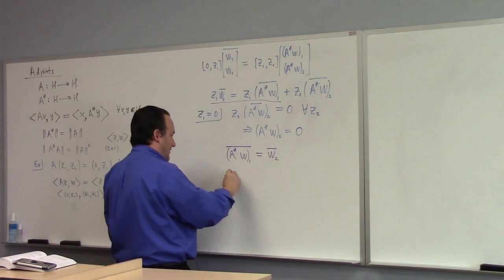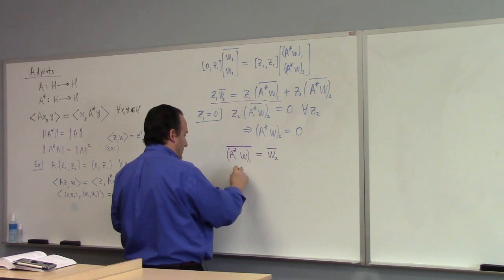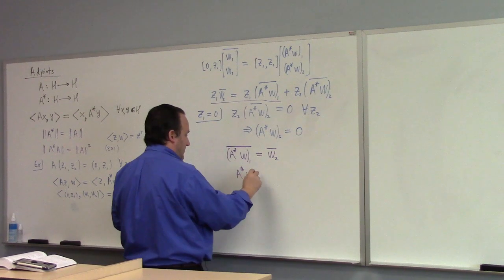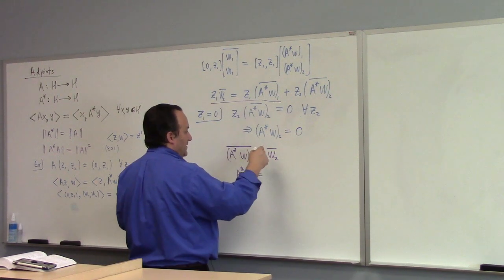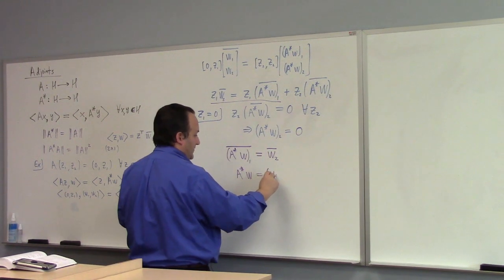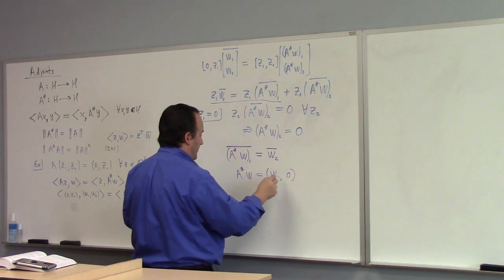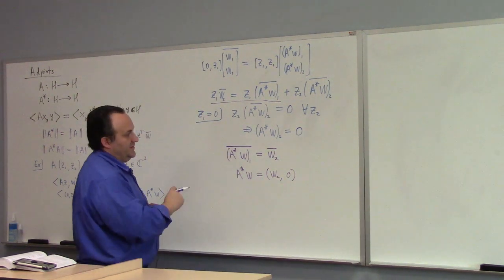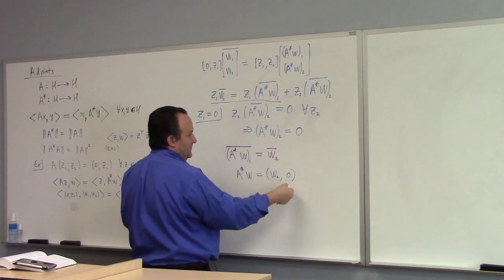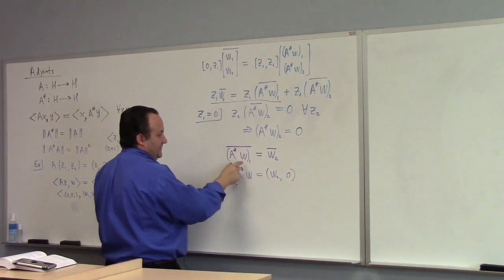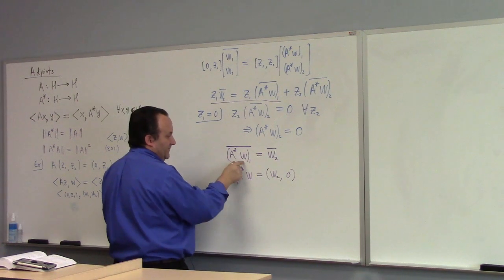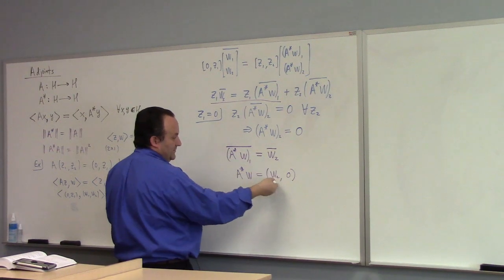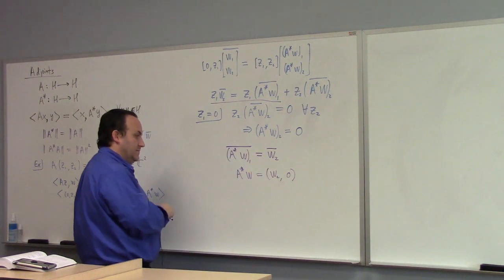Which then tells me that A star W is actually just equal to (W2, 0), putting it all together. Because I know that the second component is 0 from this, and when I take the conjugate of both sides, it gives me that the first component of A star W is W2.